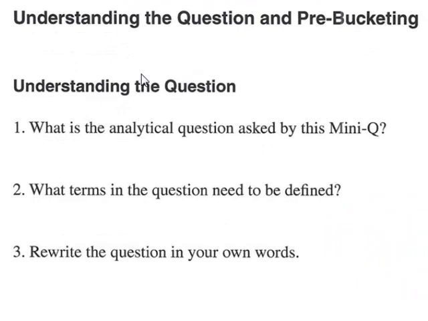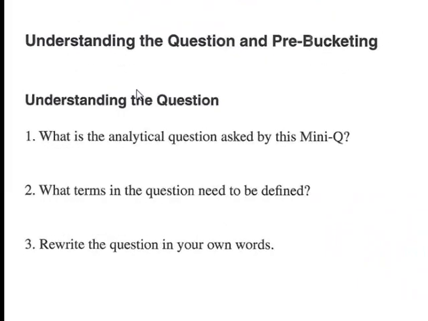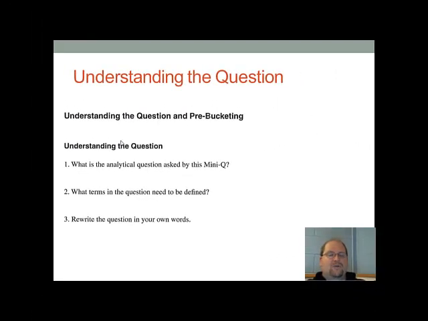So, number 2, what terms in the question need to be defined? So, from these 6 words, which of these 6 words do you might not understand or are questioning on? Hopefully you know the word why. Hopefully you know the word did.